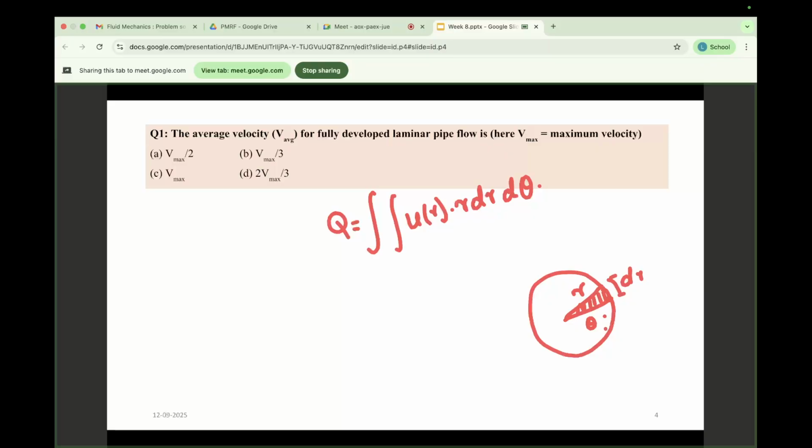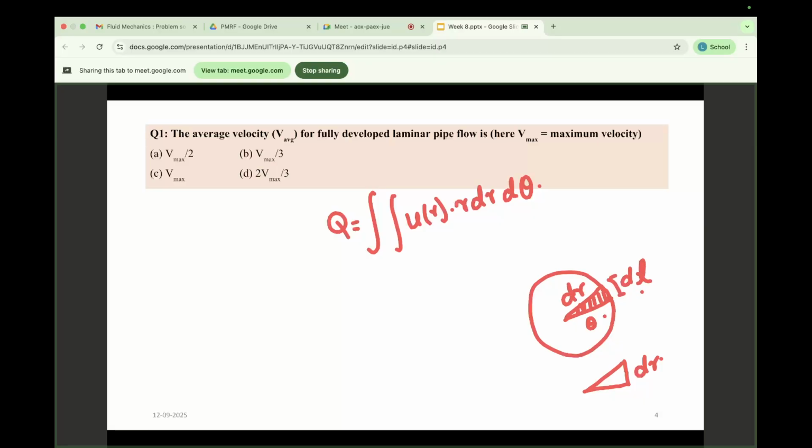If I consider this as a triangle, I have to find out this. Just a minute, sorry, this is dr, this is dl.